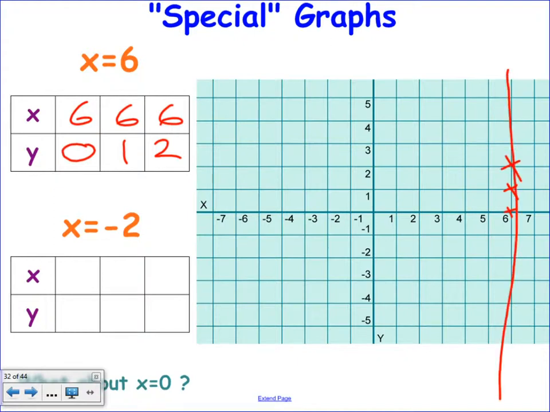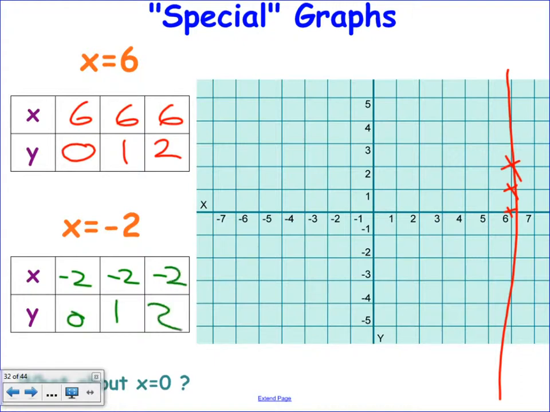Lo and behold, when x equals a value, you get a vertical line. Okay? So this is another thing they like to test you on. They'll say a line of reflection and x equals a value describes that. And it's x equals whichever value it cuts through. Here, it cuts through 6. So if we did the same here, x equals minus 2, what are my y values?